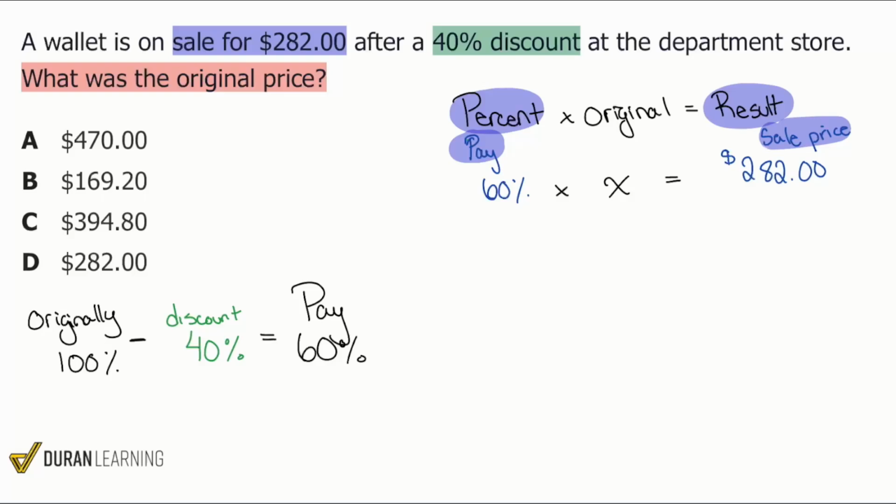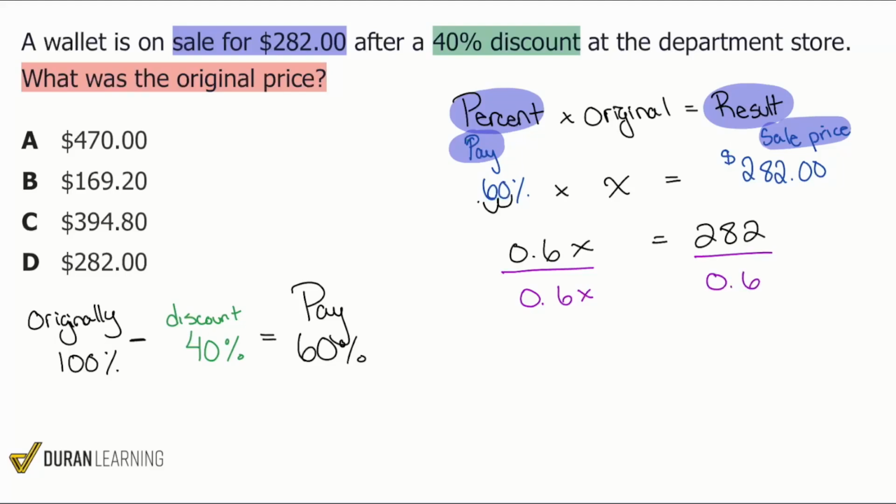Let's get to work here. 60% turned into a decimal will be 0.60 or just 0.6 multiplied by X equals 282. From here, we are just going to do one more thing and we're done. We're going to divide both sides by 0.6. That's all we have to do. And we just have to remember how to deal with decimals because that's going to be the saving grace.